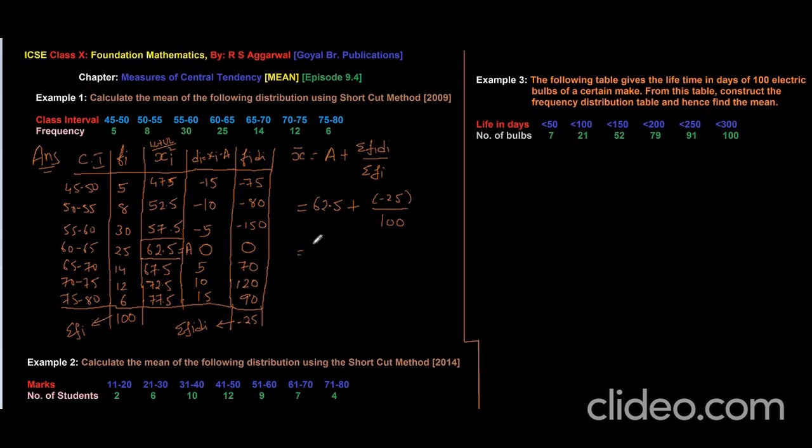So now 62.5 plus bracket minus 0.25. That means 62.5 minus 0.25. How much does it come up to? It comes up to 62.25. So here my x bar, or you can say mean, is what?